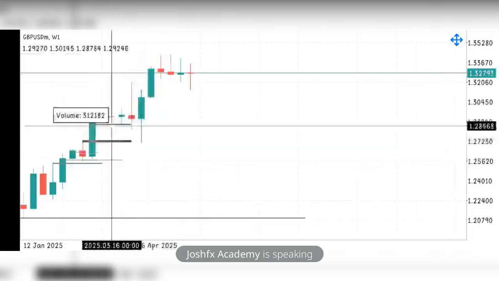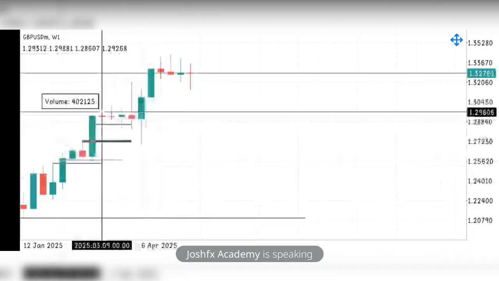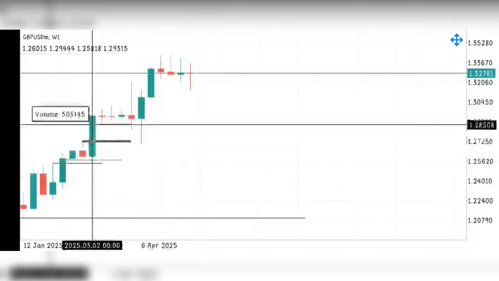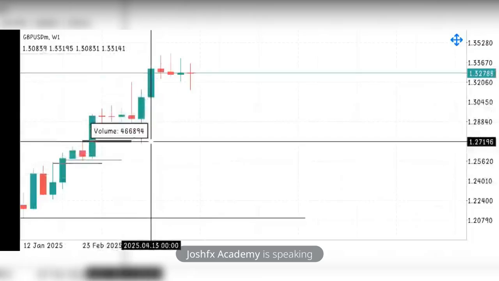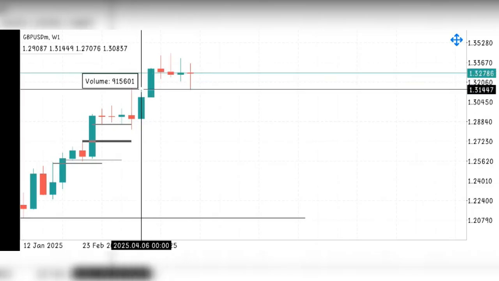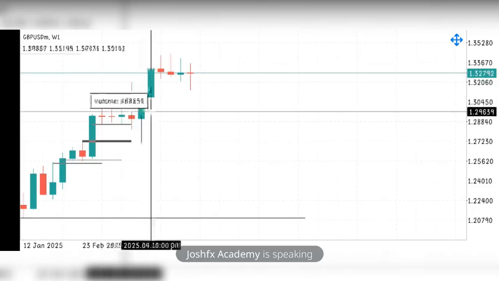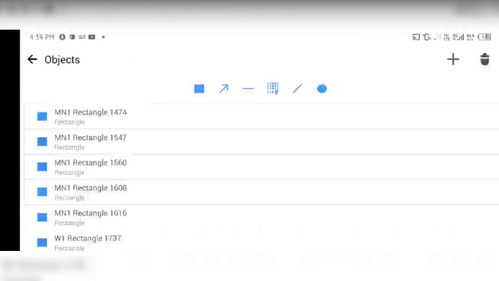Then remember, internal to external. This was the external range. So we had this internal range, which is the fair value gap, and the market taps into it. Then the market pushed to the external range again. Inside the external range, we had another fair value gap, which is this.